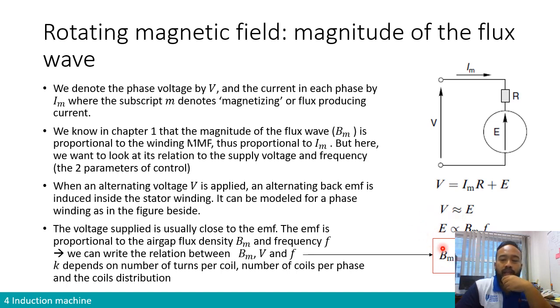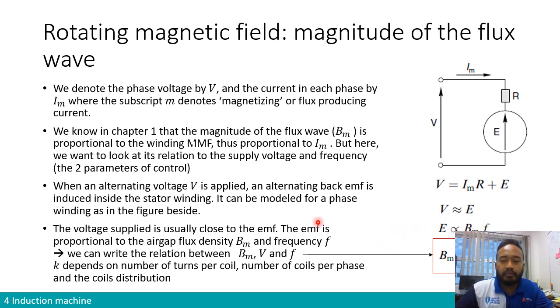So we can also write the following. Why? Because the back EMF is proportional to the flux density Bm and the frequency. So the back EMF E that is produced is proportional to the frequency and the flux density Bm.